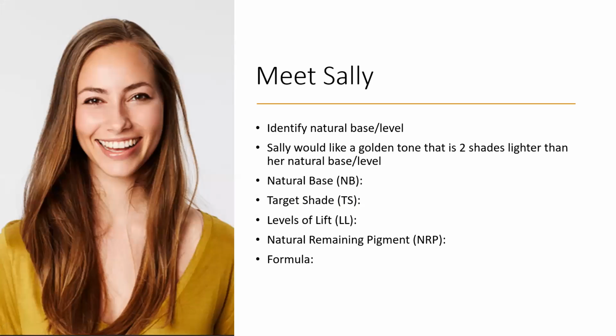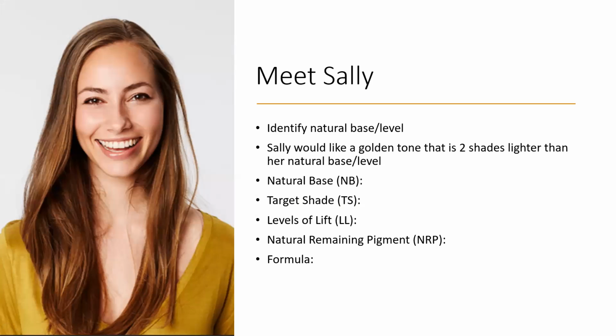Okay, so looking at a case study now. Very shortly, again, you need to pause yourself to complete the case study over on Nearpod. First, what we need to do here is identify the natural base and level. Sally, our guest here, would like a golden tone that's 2 shades lighter than her natural base and level.